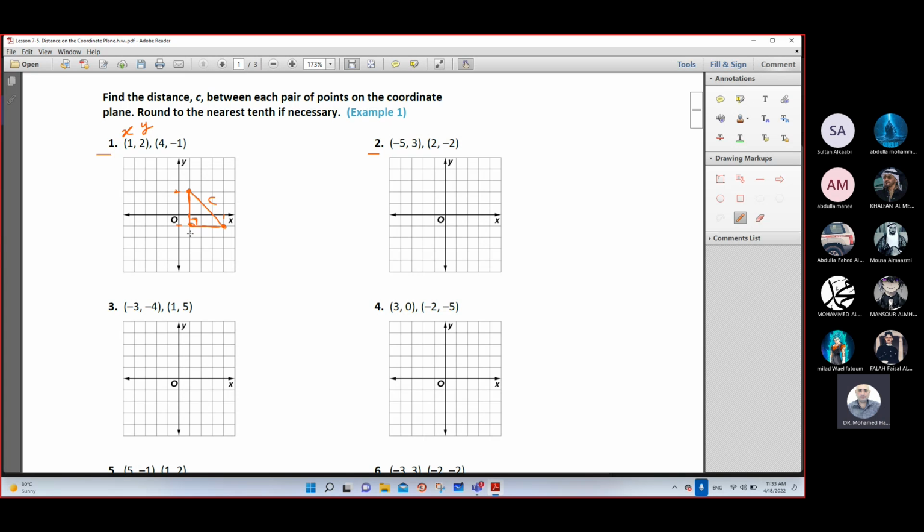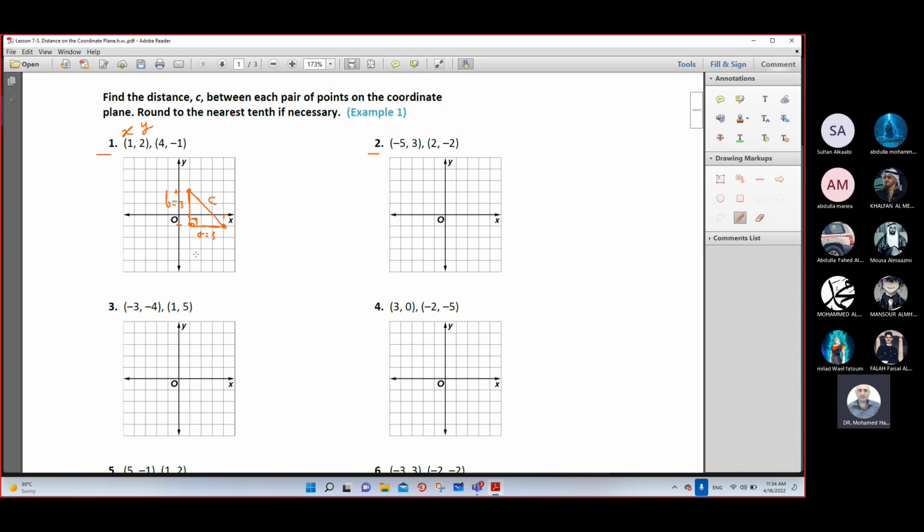Now, you can count the units here to know the total of this leg. 1, 2, 3. So suppose this is A, so A equals 3. And count here 1, 2, 3. So suppose this is B, so B equals 3.